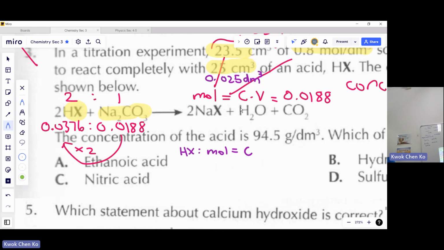Mole equals CV. I know what is V. I know what is mole. Therefore, the only thing that you don't know is C.